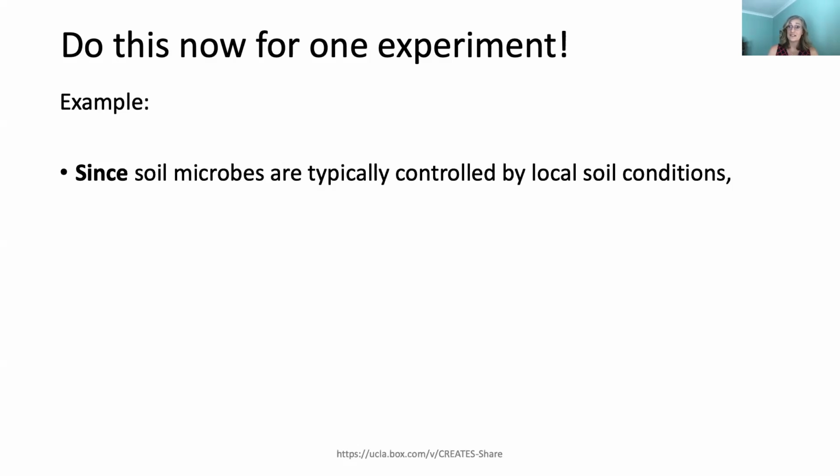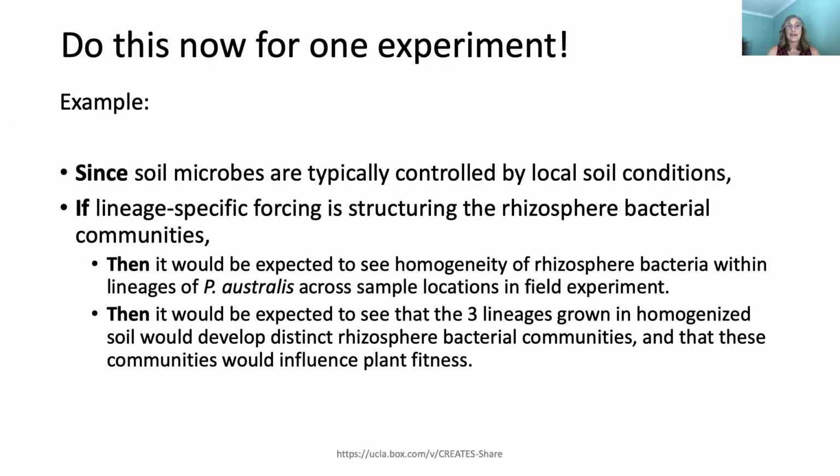Usually I would have students also include the citation here that shows that. So since this is the previous observation, if the lineage of the plants is forcing the microbial community to be restructured, that's the question here.